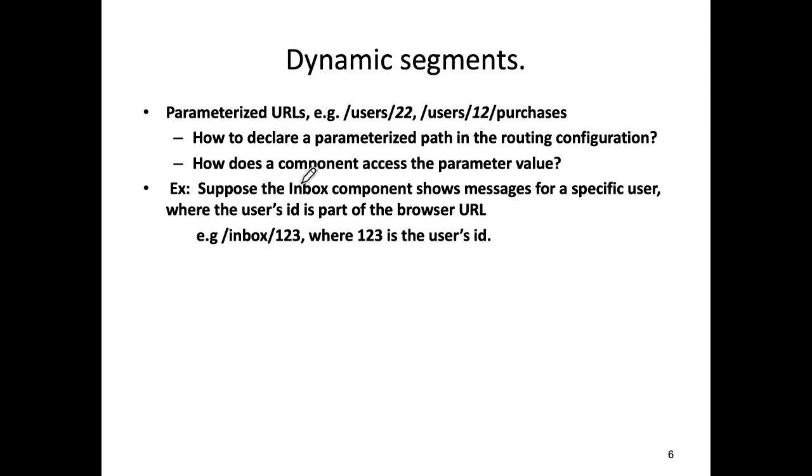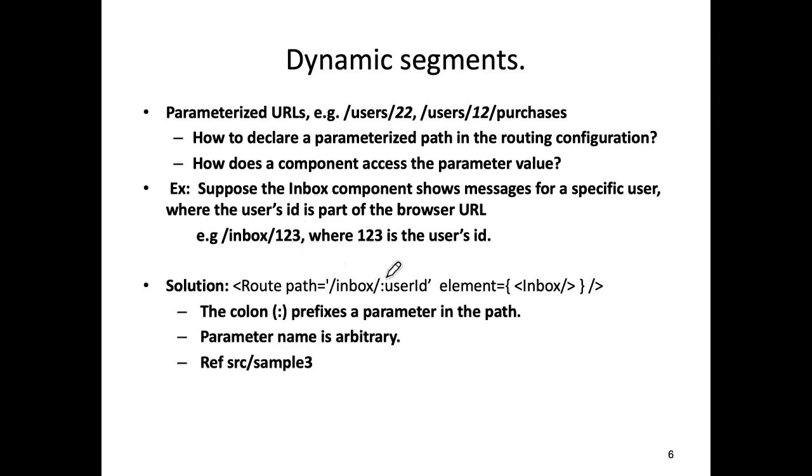So suppose the inbox component shows the messages for a specific user, where the user's ID is part of the browser's URL address. So maybe this might be a sample URL for my application. But of course, this part here can vary. Now, how do we express the fact that this part here can vary within our routing configuration?